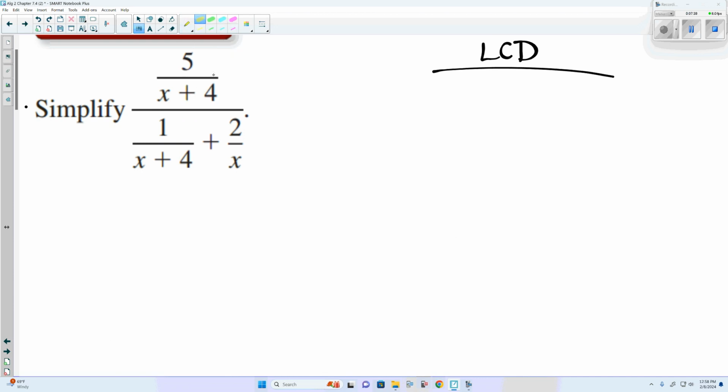So you should have some room under the first part. Now, we have three denominators. We have x plus 4, x plus 4, and x.